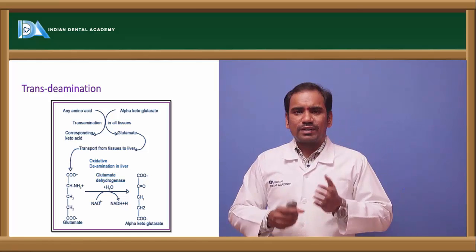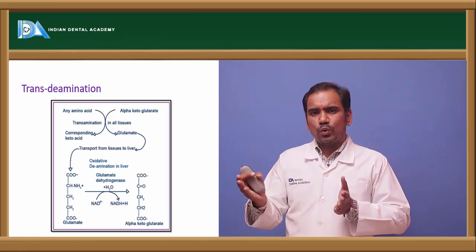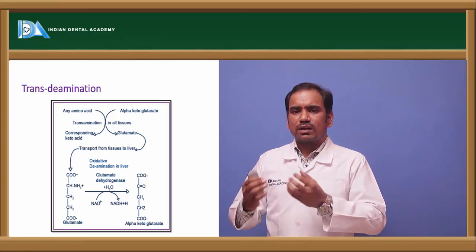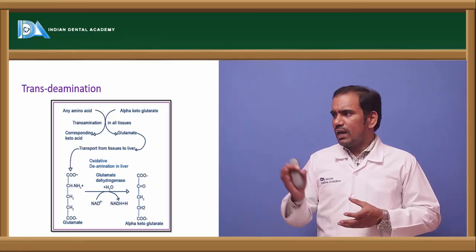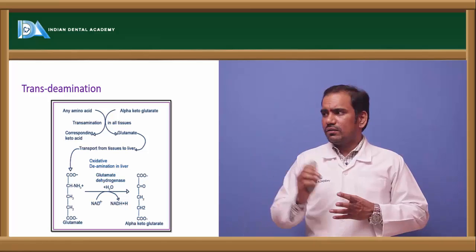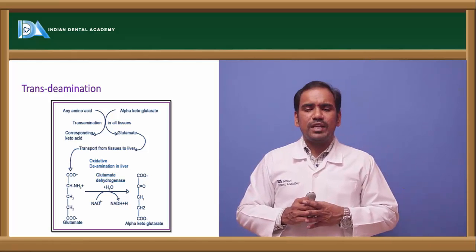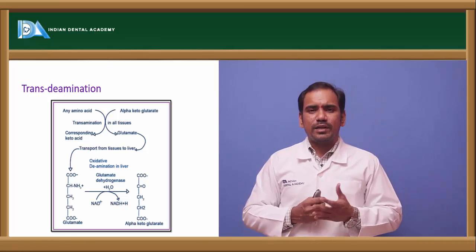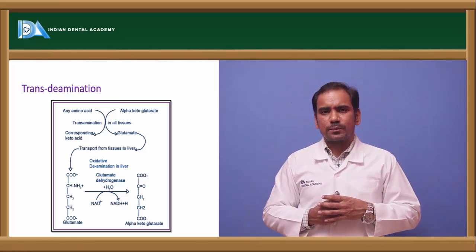So this is how transamination transfers the amino group to the keto acid, and that keto acid is converted into glutamic acid. And what happens to that glutamic acid? One more thing, those transamination reactions are catalyzed by a group of enzymes called transaminases or aminotransferases.